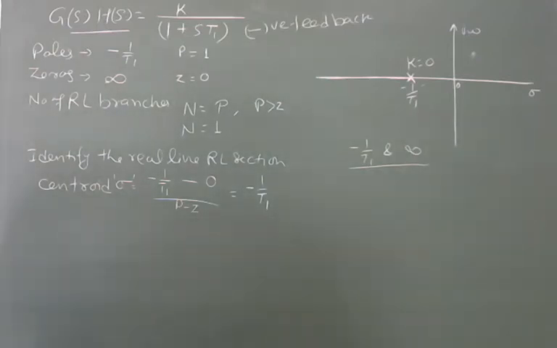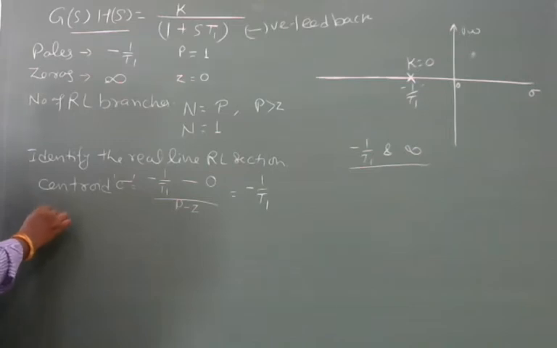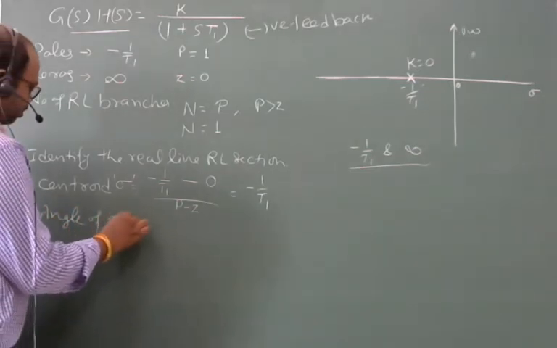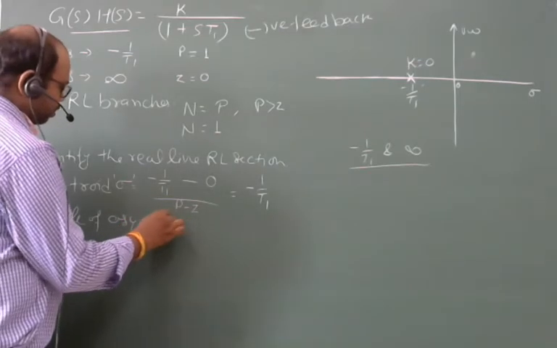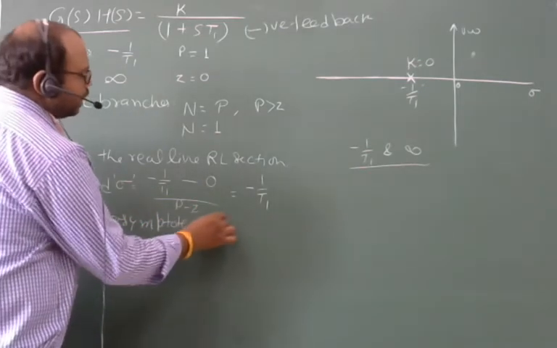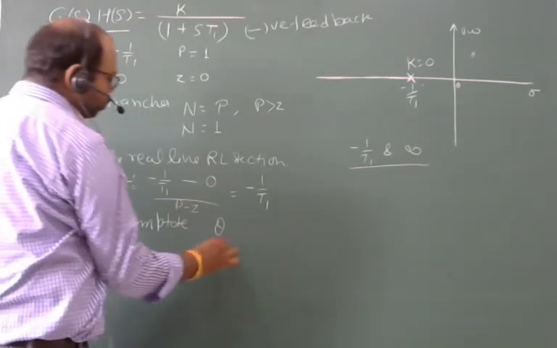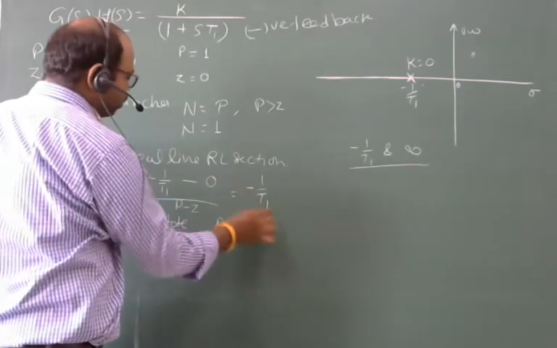Now, the angle of asymptote, theta i. What will be i? Modulus of p minus z, minus 1. So here p minus z is equal to 1, so p minus z minus 1 is equal to 0.